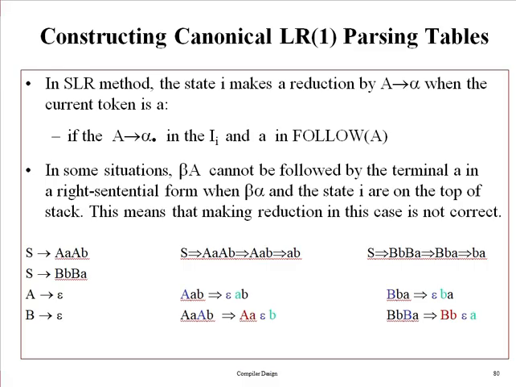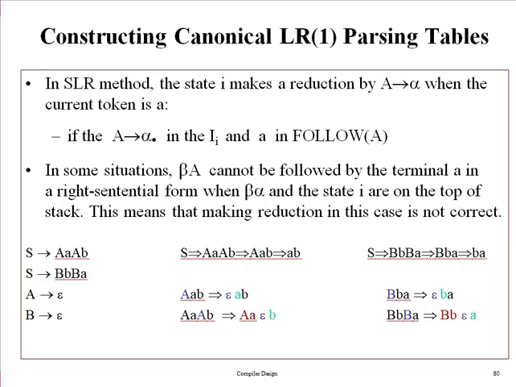As you can remember, when we add a reduce action in the case of SLR, we calculate the follow of the non-terminal that appears on the left hand side of the final item, and add the reduce action under all terminal symbols existing in the follow of the non-terminal.